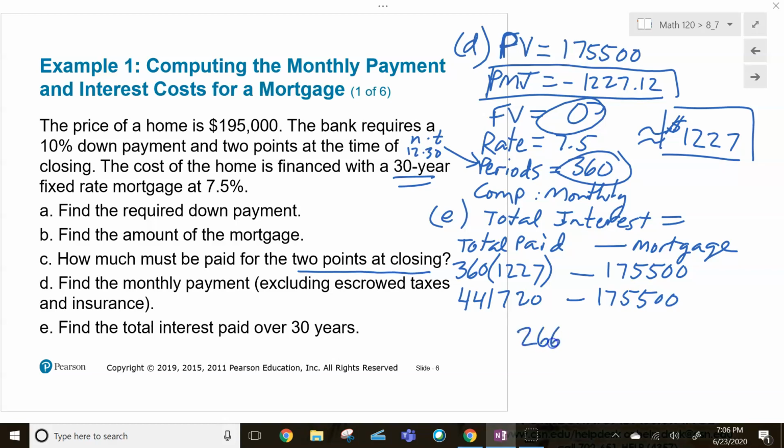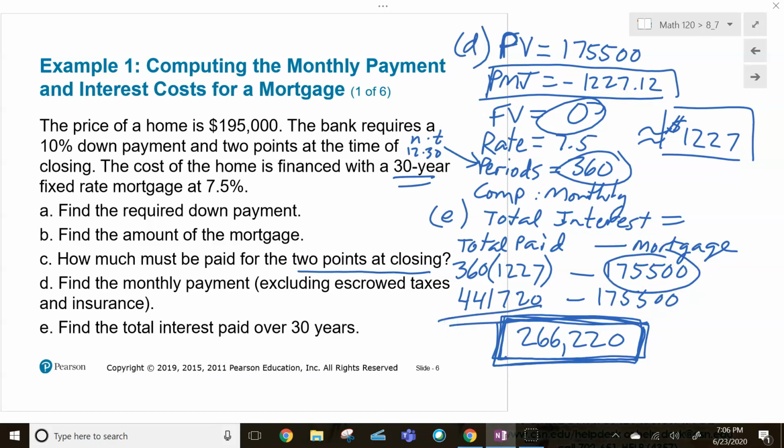So the difference here, 266,220, we overpaid this much to the bank, right? So they are making a killing on our money, right? We paid more than double for that house, right? The mortgage was 175,500. We paid 441,720 in total over those 30 years.